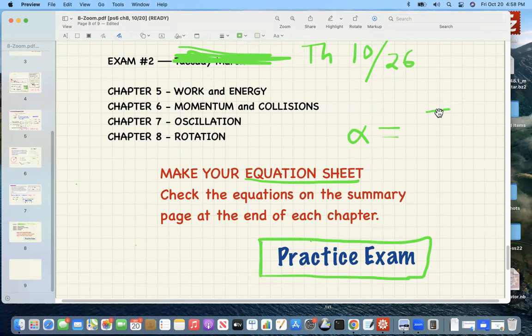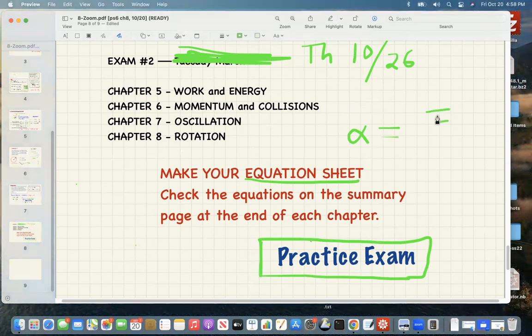I think in this book, torque is denoted by the Greek letter tau, divided by the inertia factor, which is the moment of inertia, I, about the axis where the rotation is going to occur. So be sure that you understand torque, because that applies to problems in static equilibrium and also to problems of rotational acceleration.